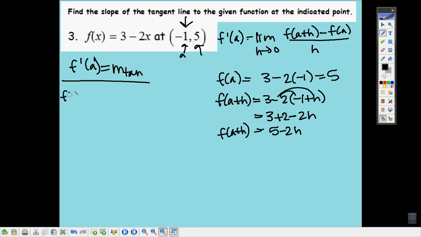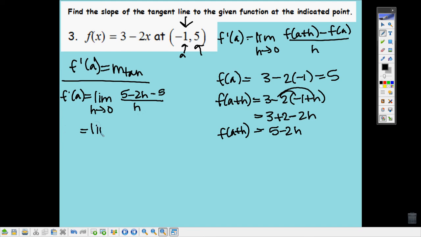I have f prime at a, which is my m tan, right? The slope of the tangent line at this point, the limit as h approaches 0. I know that f of a plus h is right here, 5 minus 2h, minus, because that's my formula, f of a is 5 all over h.